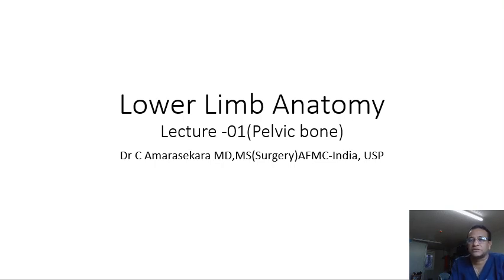This lower limb anatomy lecture series is designed with a focus on clinical relevance, cross-sectional imaging, and anatomical precision. We'll explore the structural and functional anatomy of the lower limb, from bones and joints to muscles, vessels, and nerves.